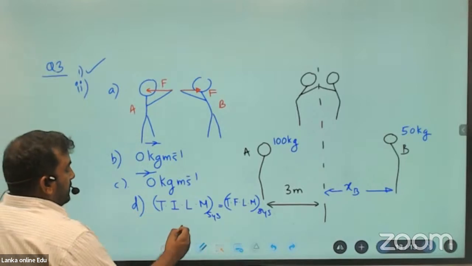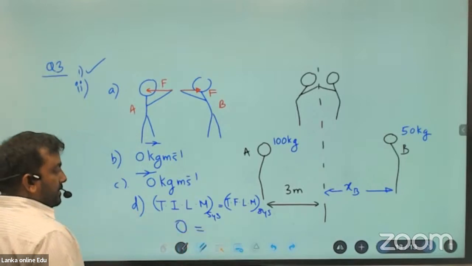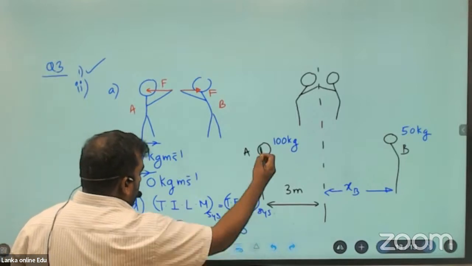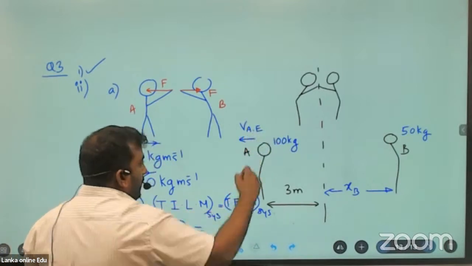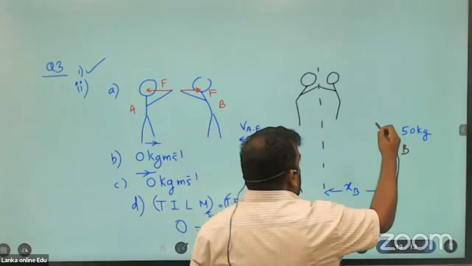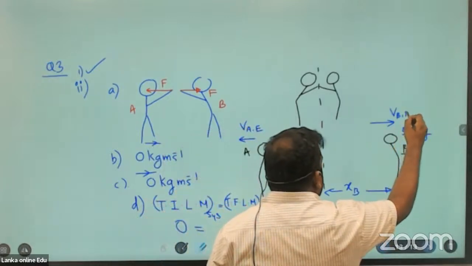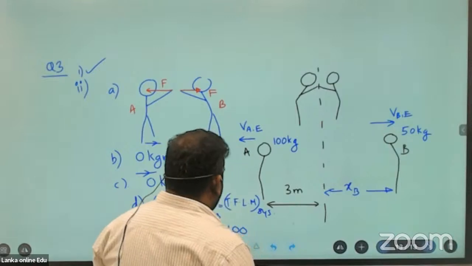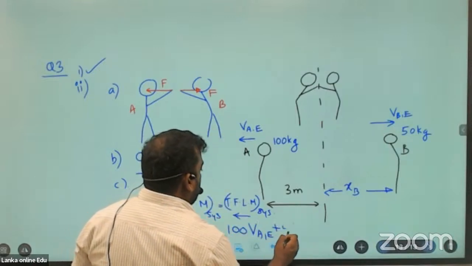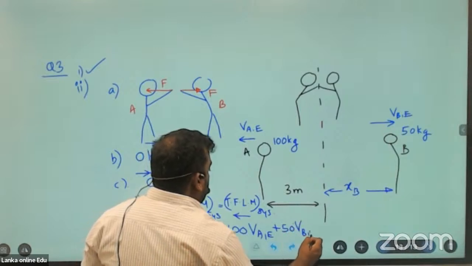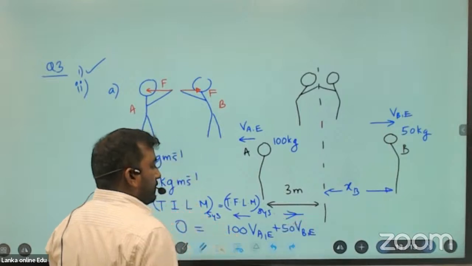Initial linear momentum of the system is 0. Final linear momentum is also 0. 100 is going backwards, velocity of A with respect to Earth. B is going forward, velocity of B with respect to Earth. Velocity of A with respect to Earth in that direction. 50, velocity of B with respect to Earth in the forward direction.